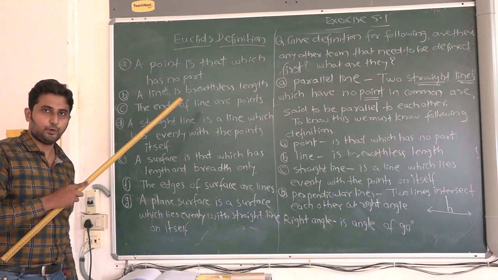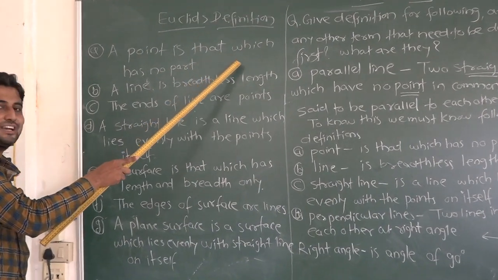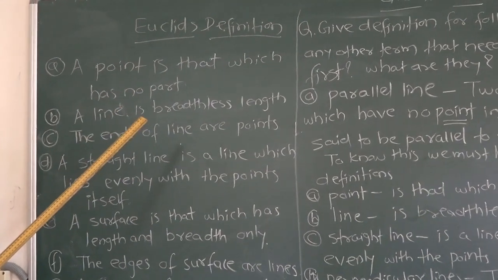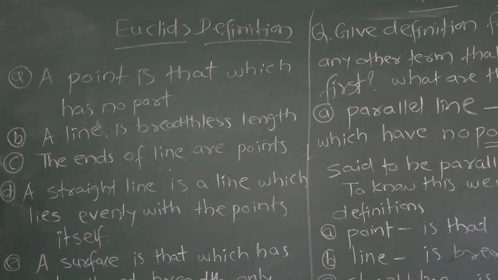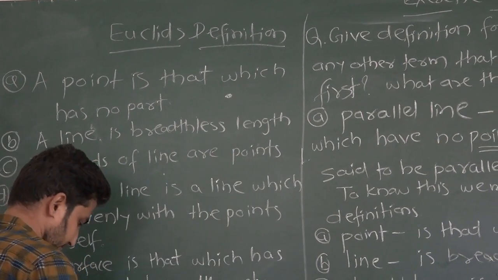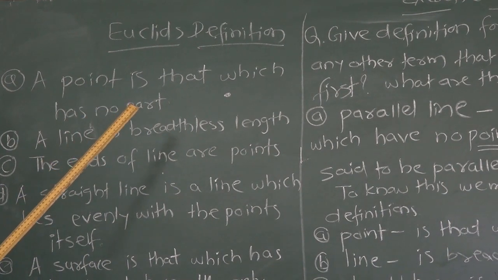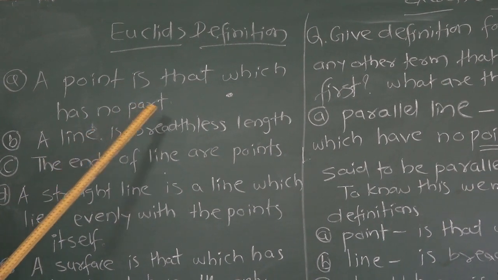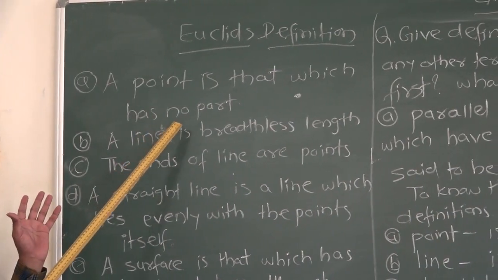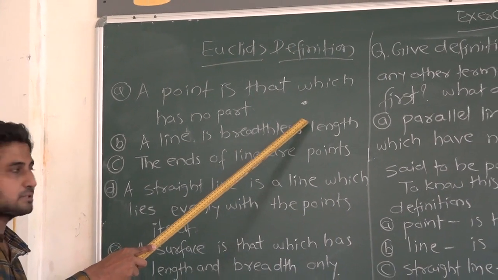What is meant by a point, right? A point is that which has no part. If we see the point, a point is nothing but a part which has no part. We have to define this point.